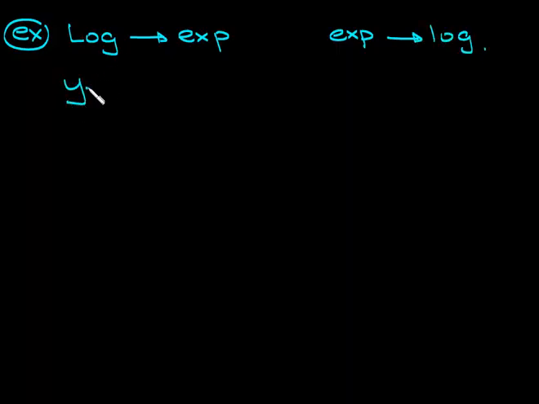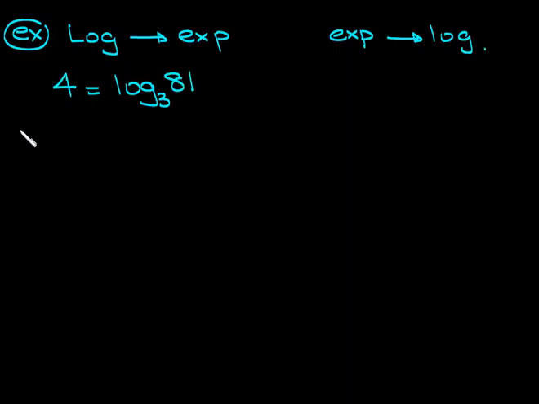So the first few examples are going to be changing from log to exponent form, and then from exponent to log form. I'll just give you two examples. I've already done that before, but let's do that. So let's say log base 3 of 81 is equal to 4.